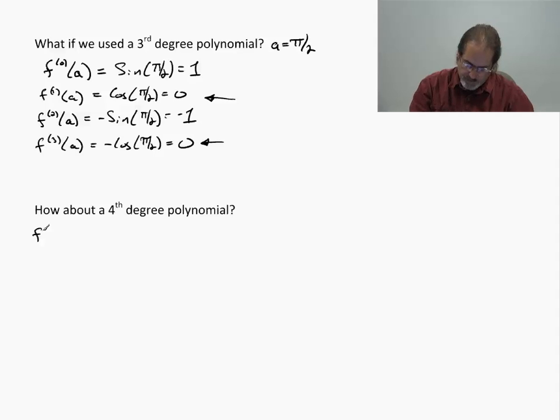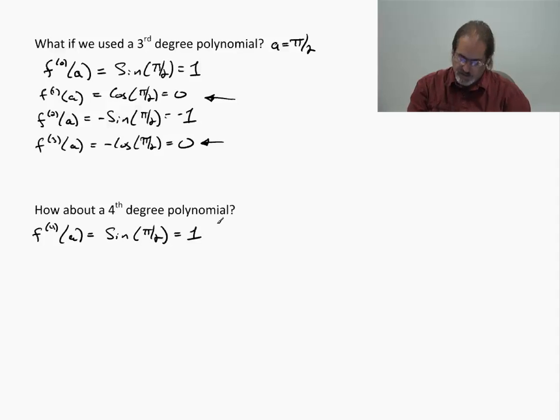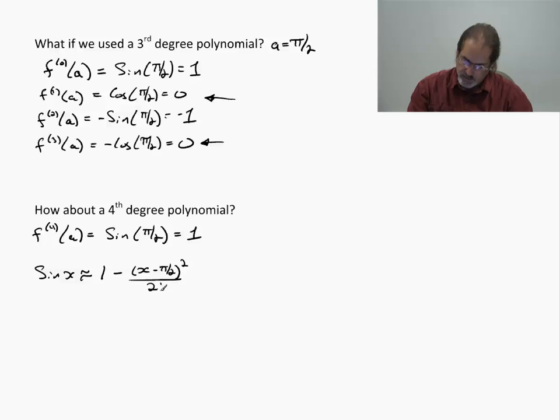Well, the fourth derivative, evaluated at a, is sine of pi over 2, which equals 1. So my fourth degree approximation will be: sine of x is approximately equal to 1 minus (x minus pi over 2) squared over 2 factorial, plus (x minus pi over 2) to the fourth over 4 factorial.